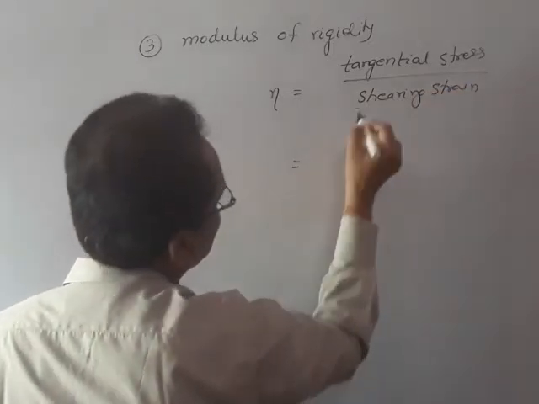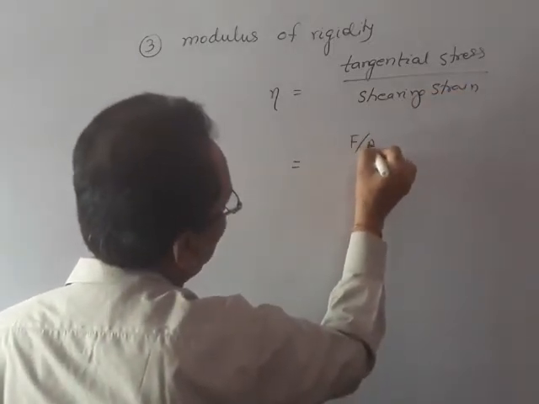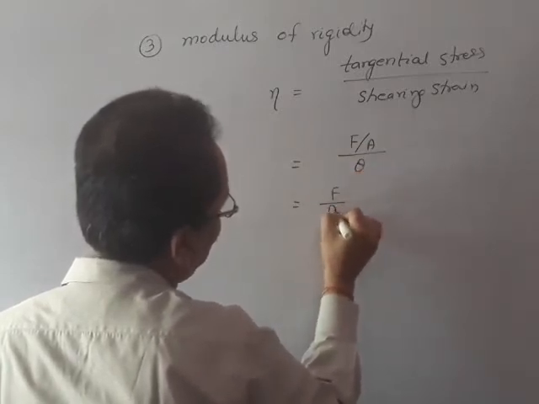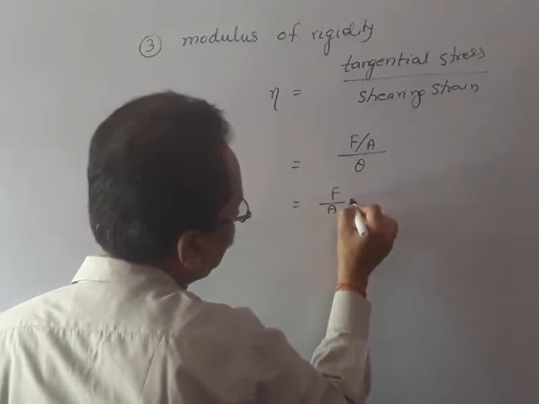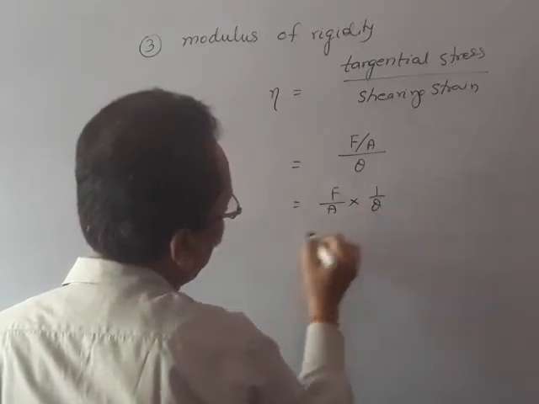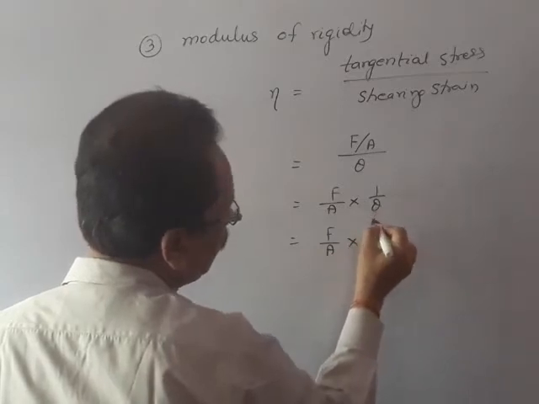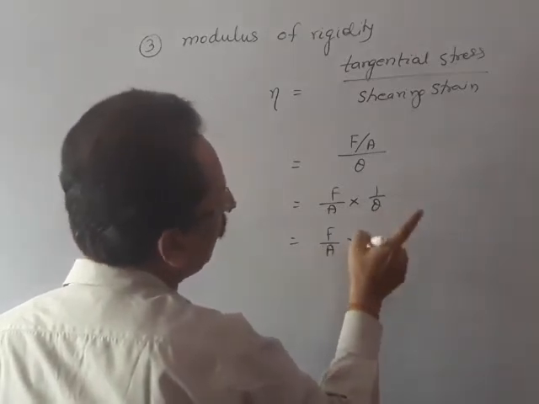Tangential stress is also force by area, and the shearing strain is theta, that is change in length to original length.